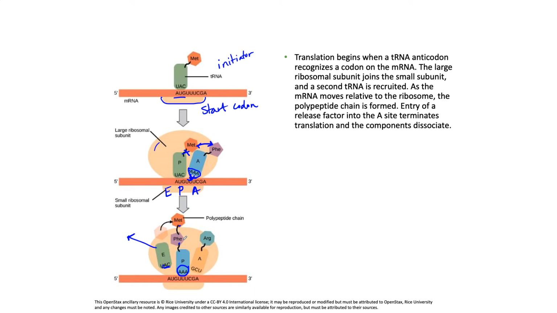These amino acids are going to form a bond. This phenylalanine will form a bond with this particular amino acid, arginine, and this will shift to the E site, and this one will shift over. So this is going to continue down the mRNA, reading them 1 codon at a time, and each time we'll have 1 more amino acid added to this growing chain.